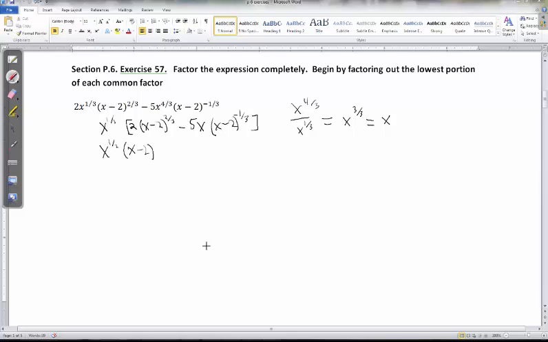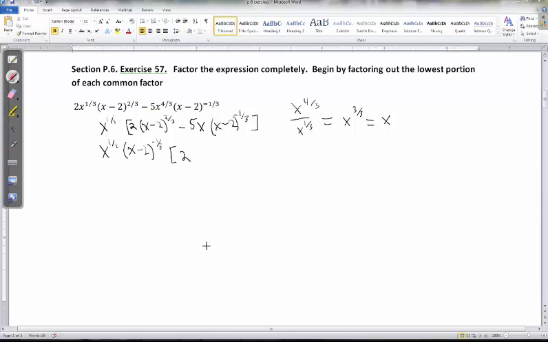The smallest power I had on x minus 2 is negative 1/3 right there. So let's see what we're going to have left after we do that.